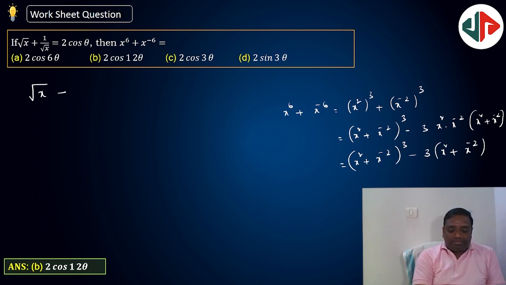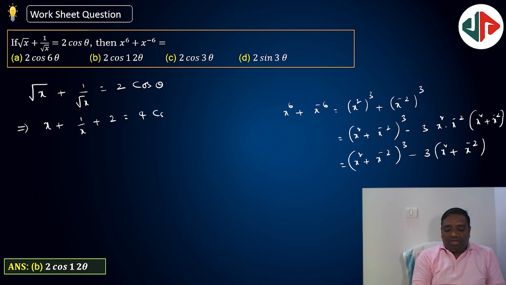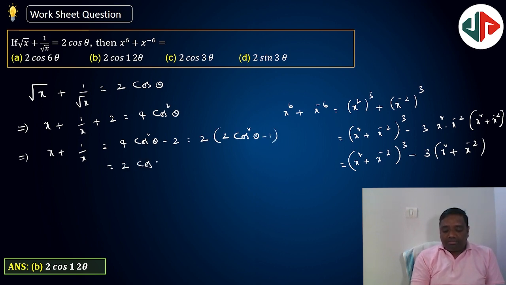Root x plus 1 by root x is equal to 2 times cos theta. Squaring on both sides, it becomes x plus 1 by x plus 2 is equal to 4 times cos square theta. Can we rewrite this as x plus 1 by x is equal to 4 cos square theta minus 2? So 2 times 2 cos square theta minus 1, it is nothing but 2 times cos 2 theta.